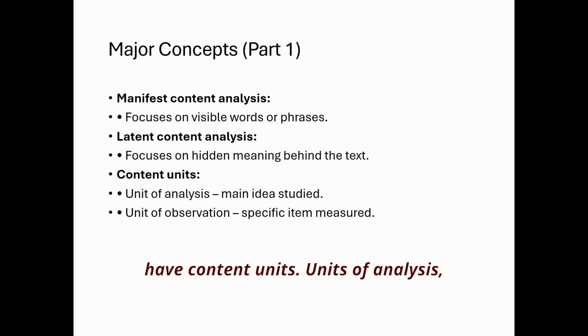And then we have content units: unit of analysis, unit of observation. Unit of analysis is the main idea or topic which we study. Unit of observation is the exact thing we measure, like a word, sentence, or paragraph.